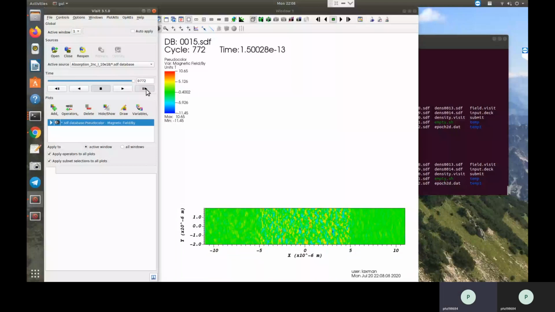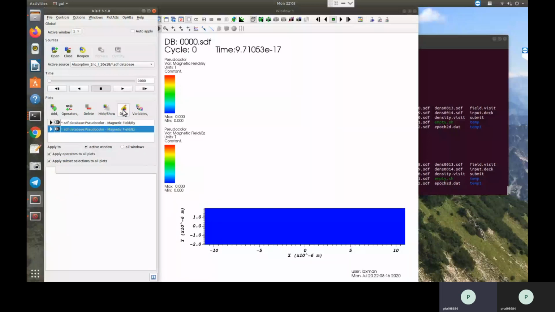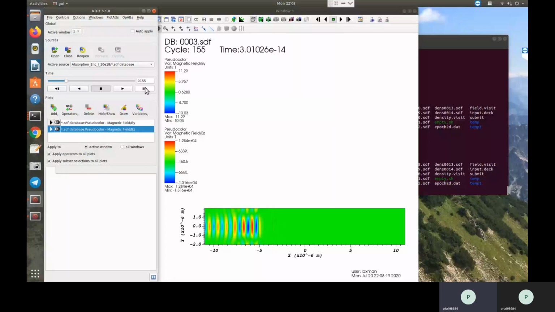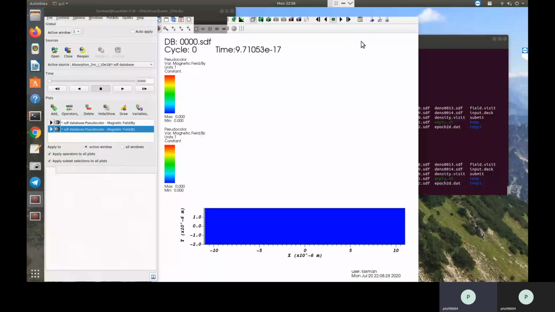Now last, the magnetic field along the z direction. So this is all about these four plots.